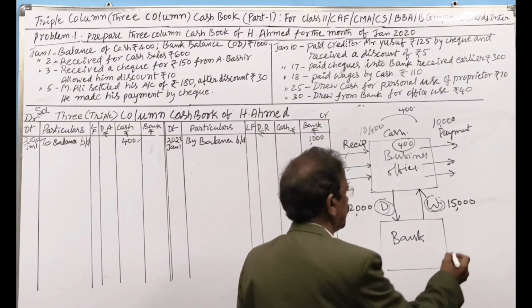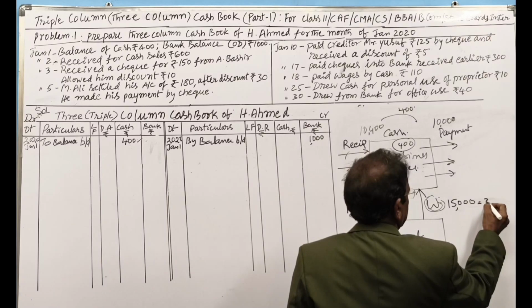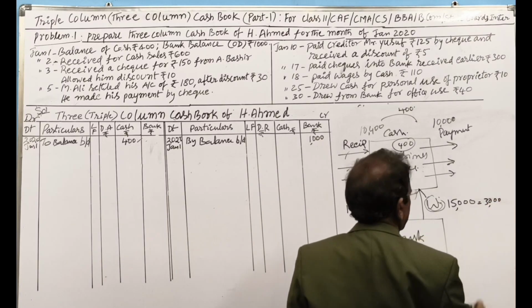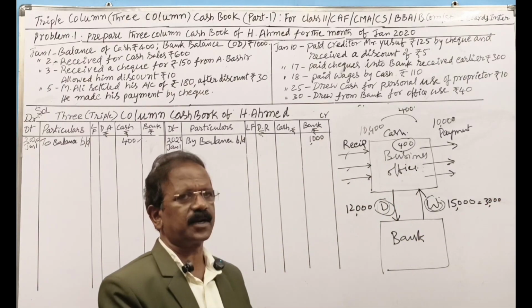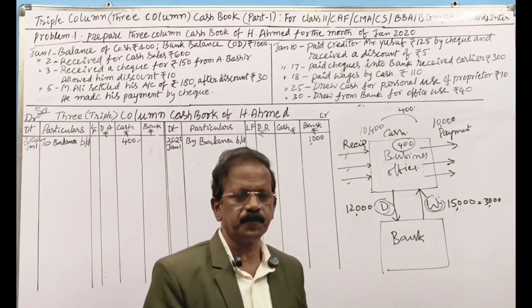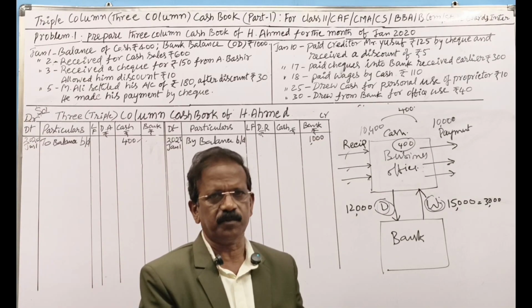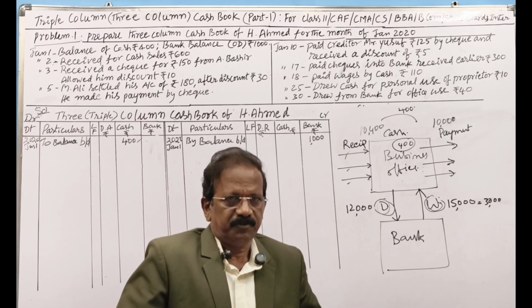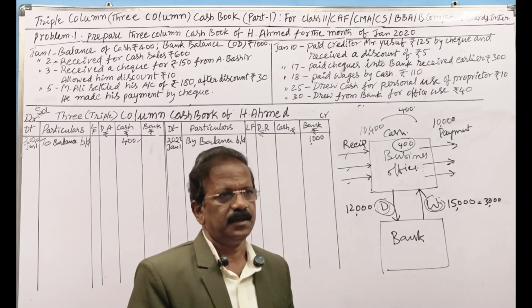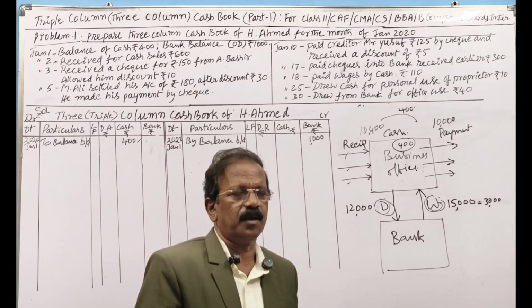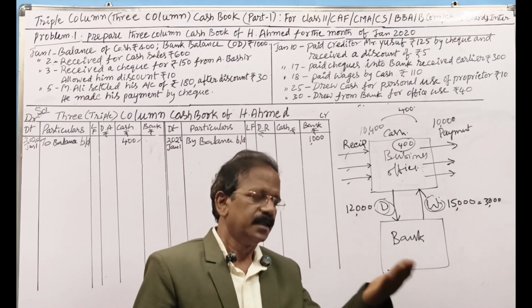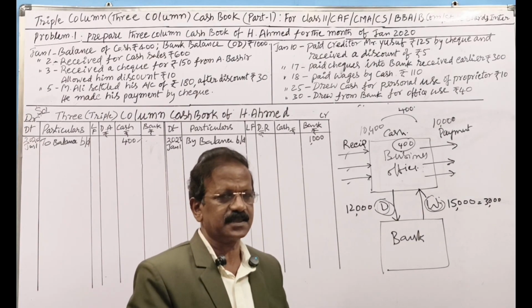How much more amount have we taken from the bank? 3,000. Generally, banks allow us to take extra amount because we are business people, we need cash from time to time. There will be an agreement between bank and the customer, meaning we are the customers. If we require any extra amount than our deposits, they will give because they trust us.